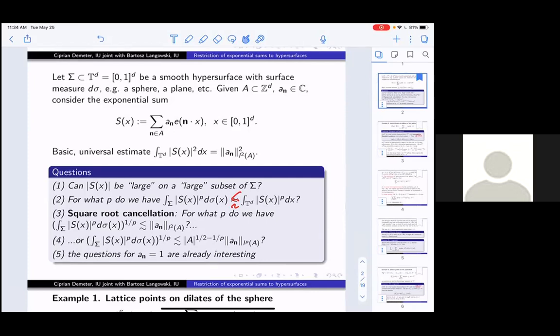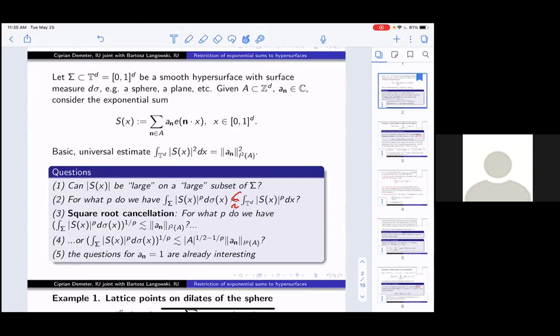You could also phrase the question in part 3 as a square root cancellation type question. If these waves interact with each other in a sort of random way, then the typical magnitude of the sum S of x will be roughly the little L2 norm of a.